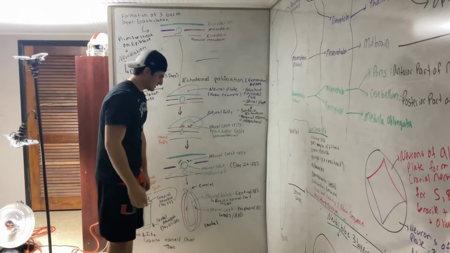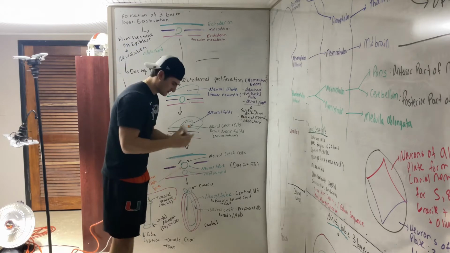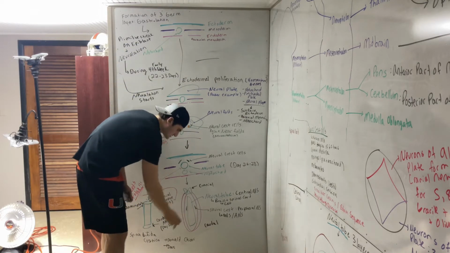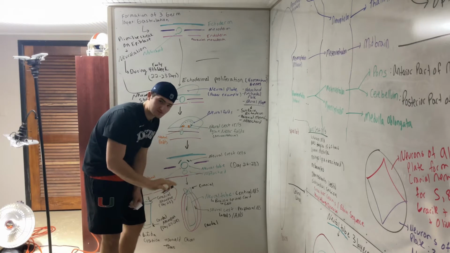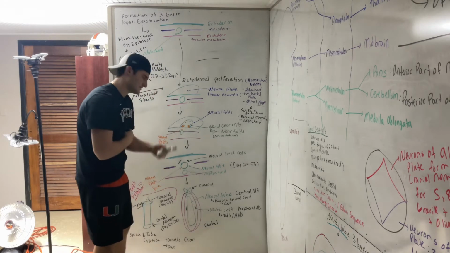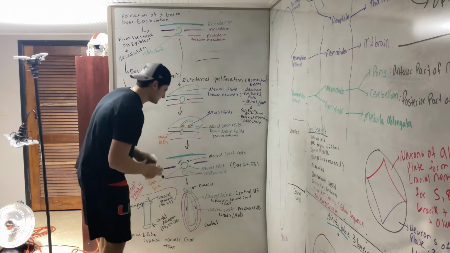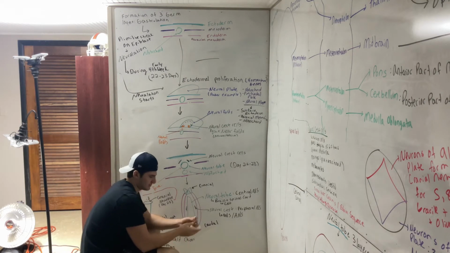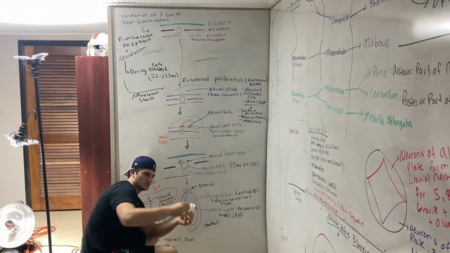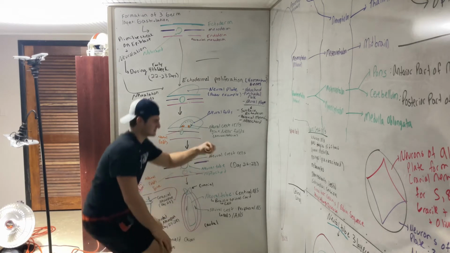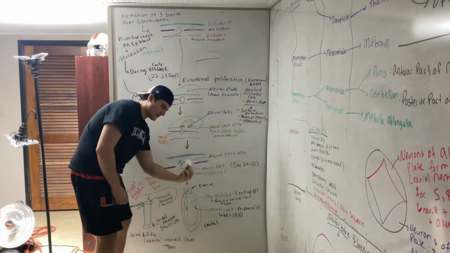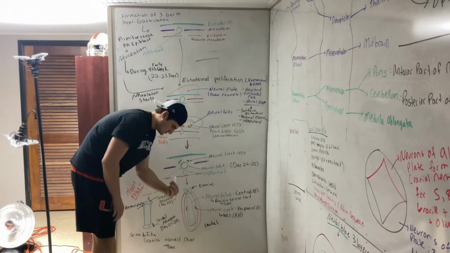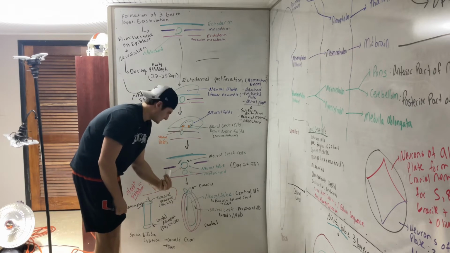Now, if you're looking from above, you know how I like looking at things from the above angle? This is what it's going to look like. I know this doesn't look too good and it's not drawn too neatly, but try to understand and process what I'm trying to say here. So the middle part is going to be that neural tube. Remember we drew the tube like this? It's right here. If you angle it this way, the middle part is the neural tube. So if you're looking straight down, you can see the neural tube.